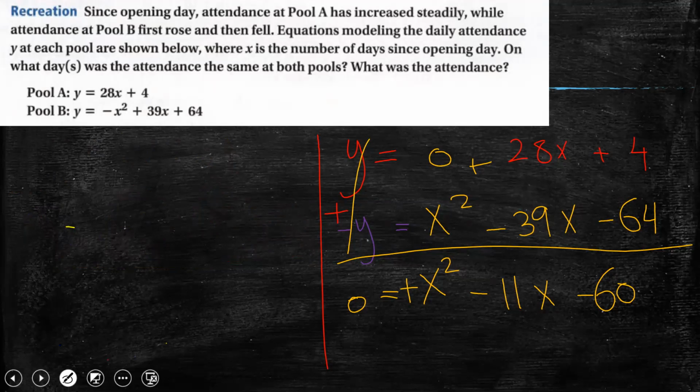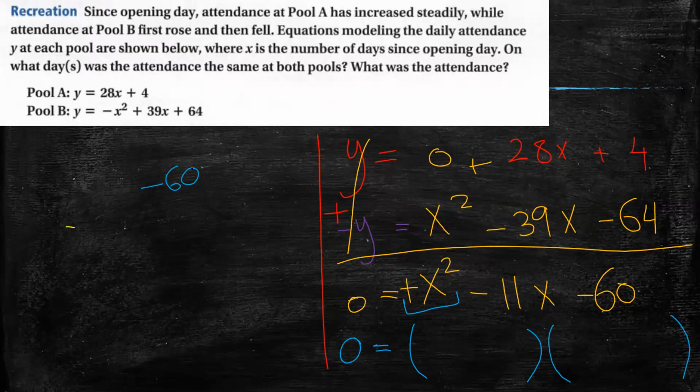Then after I have this equation, what do I have to do? No, x squared is positive, there's no need to change the signs. After subtraction, I have to factorize. I need two factors that multiply to negative 60 and add to negative 11.